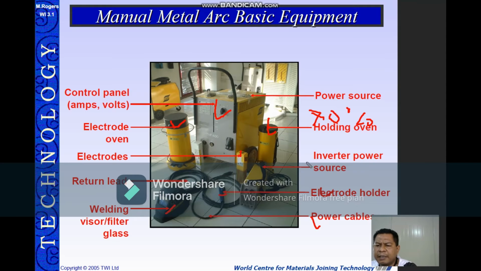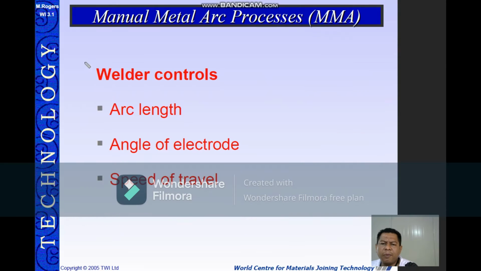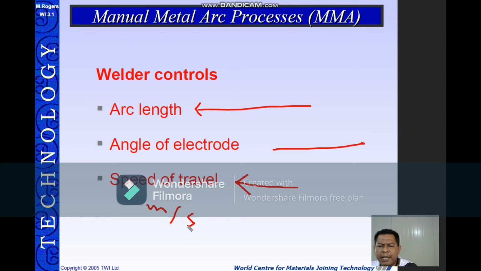This one is the inverter. The welder controls the arc length, arc electrode, and travel speed. Travel speed is how fast the welder completes one joint, normally in millimeters per second.